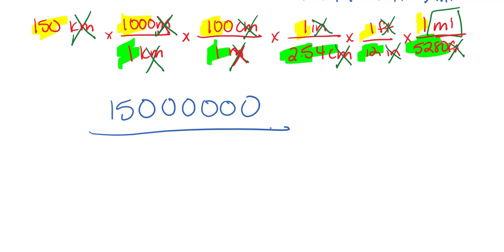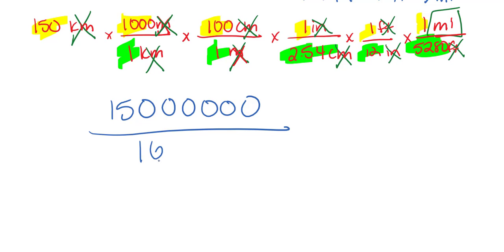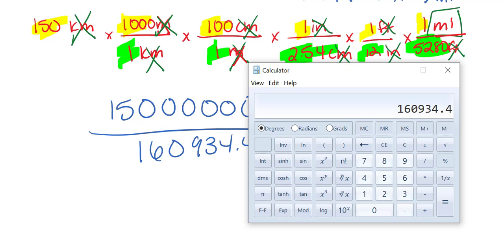And then let's calculate what's on the bottom. We have 1 times 1, so that's just 1 times 2.54, and that's just 2.54 times 12 times 5,280, and we get also a very large number, right? Okay, so now let's take the top number and divide it by the bottom number.